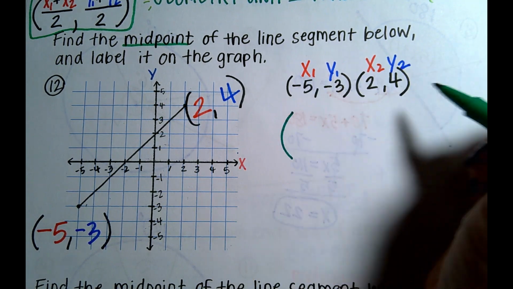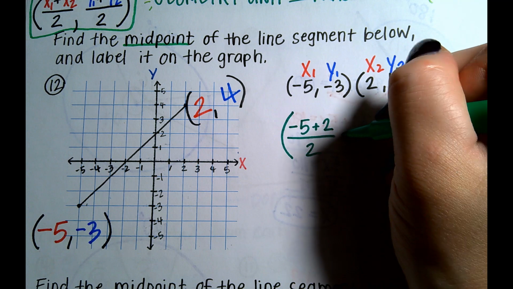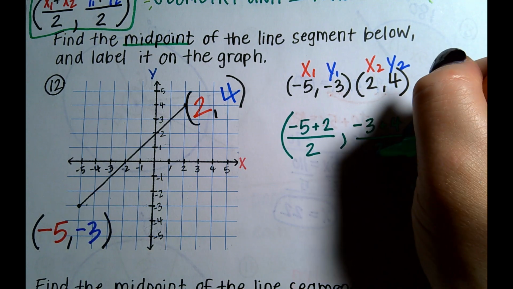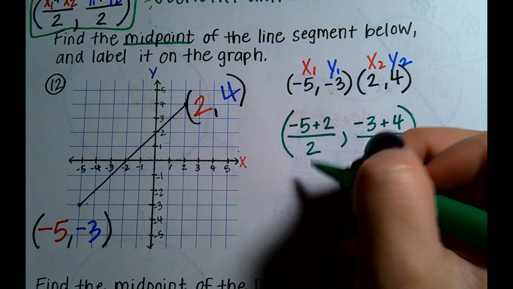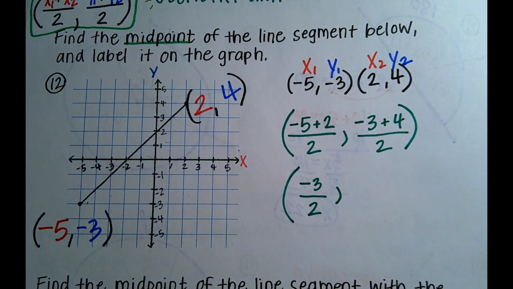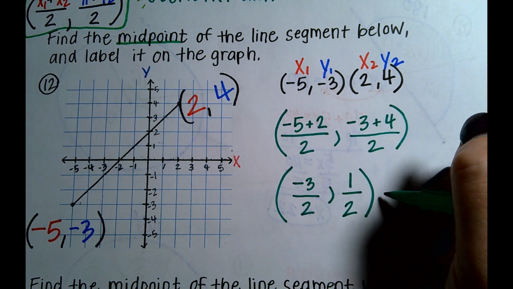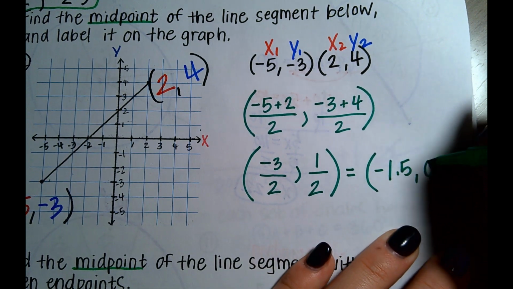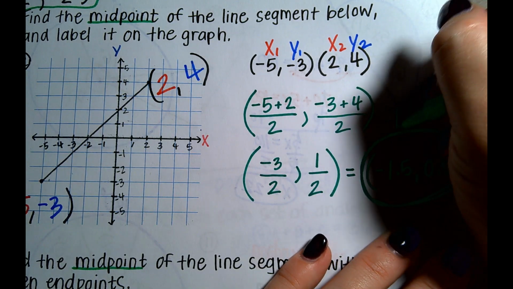So x1 plus x2 would be -5 plus 2, divided by 2, and y1 plus y2, -3 plus 4, divided by 2. -5 plus 2 is -3 over 2, and -3 plus 4 is 1 over 2. So here is my midpoint.